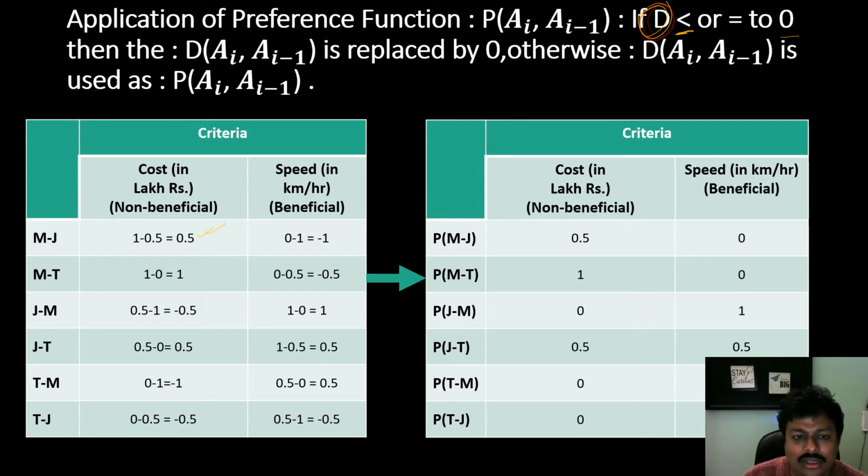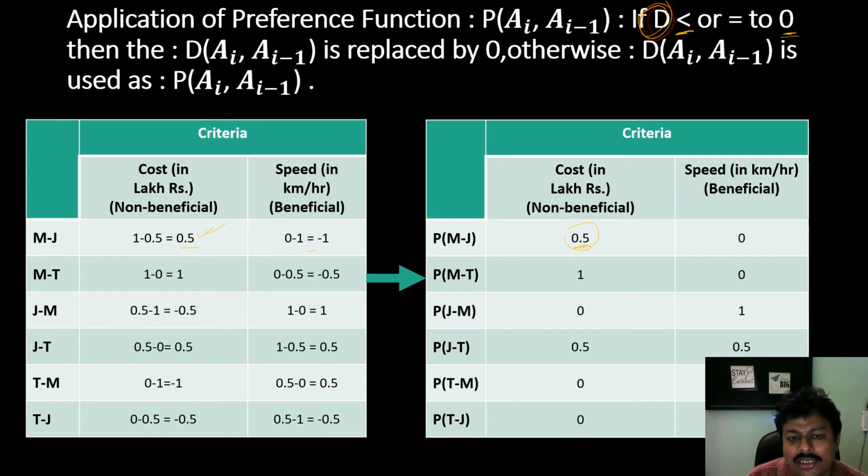You see, 1 minus 0.5 is 0.5. So more than 0. That is why in the preference matrix, we write it as it is.